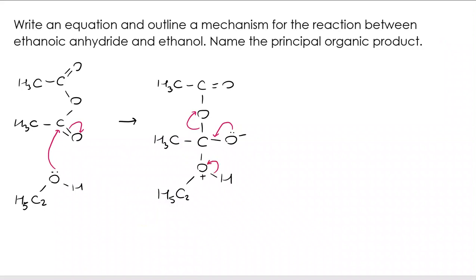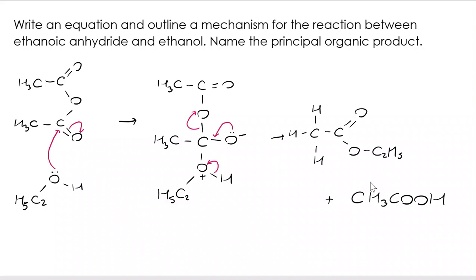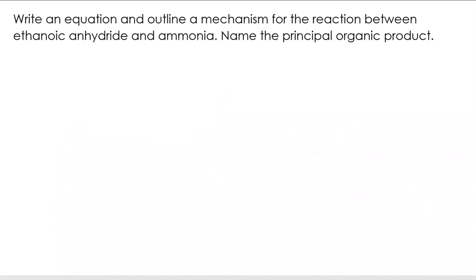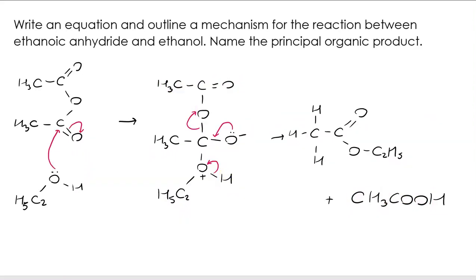So in this case, what we're actually making is an ester. Actually, with an alcohol and an acyl chloride, we made an ester. So the nucleophile will determine what the primary product is. But the secondary product, again, is ethanoic acid, just like it always will be with an acid anhydride. So we can see where they are coming from.